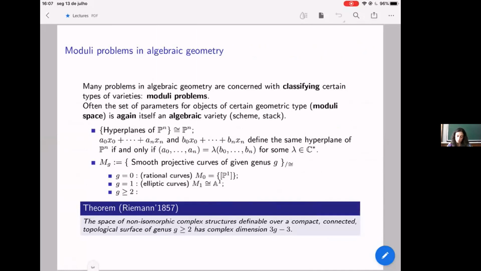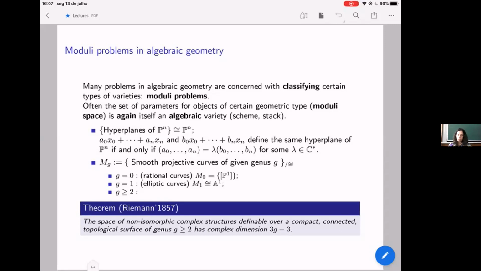We fix a certain type of algebraic geometric object that we want to study, and we try to study a parameter space for this, which quite often happens to be again an algebraic variety or a mild generalization of that, usually a moduli stack.